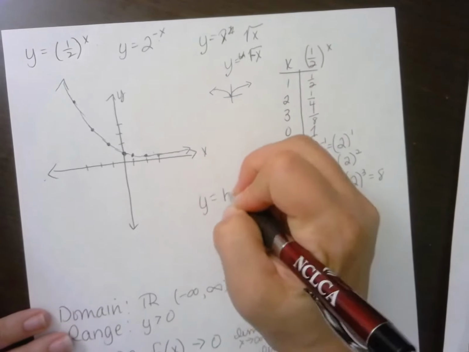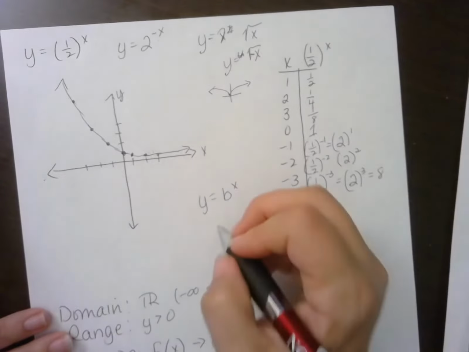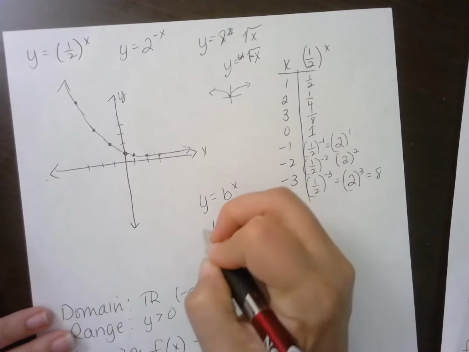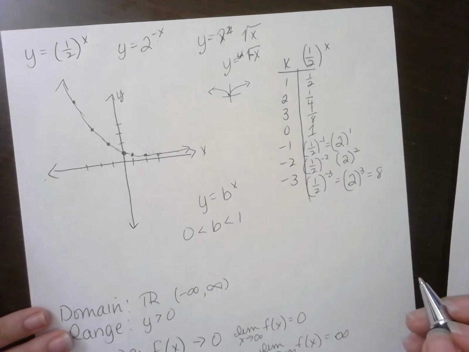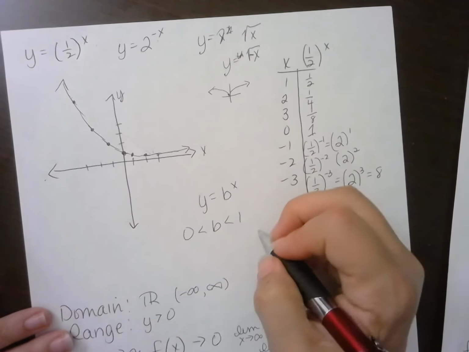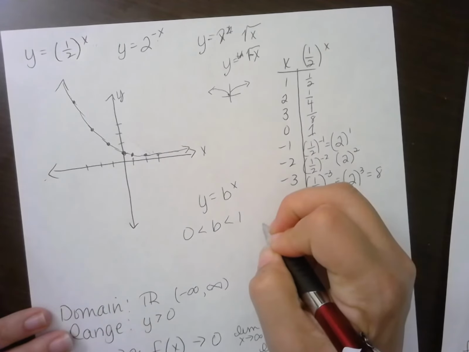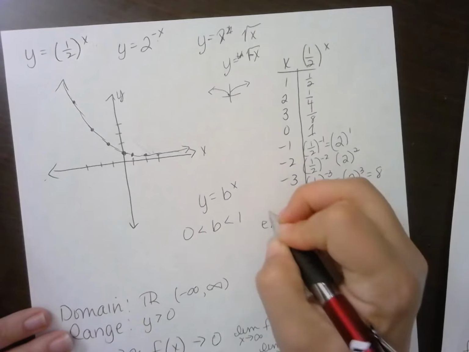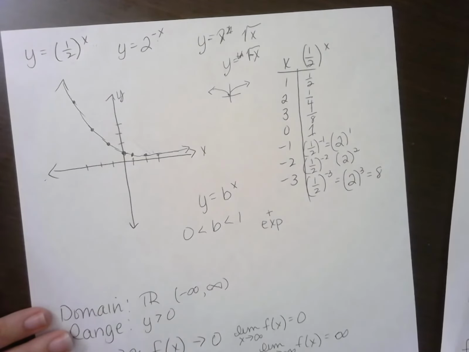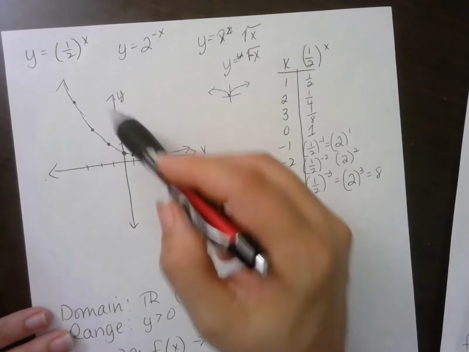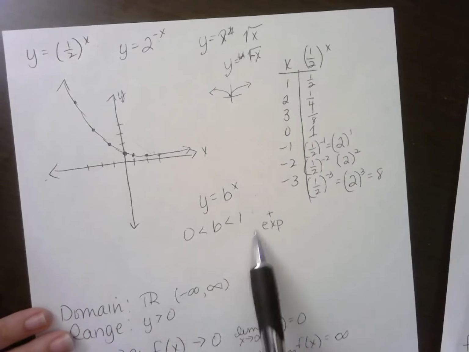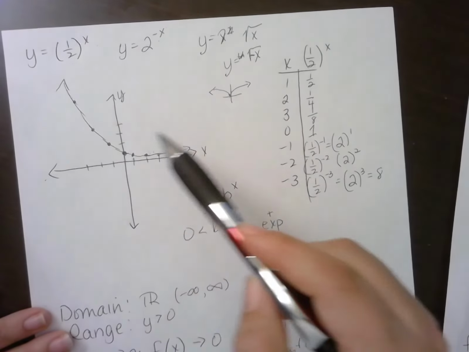So if we think of it as y equals b to the x, then when b is between 0 and 1, we get this exponential decay, assuming our exponent is positive. That's the standard. When the exponent is positive and this number is between 0 and 1, I get a graph that looks like this.